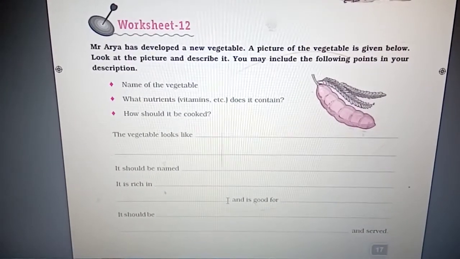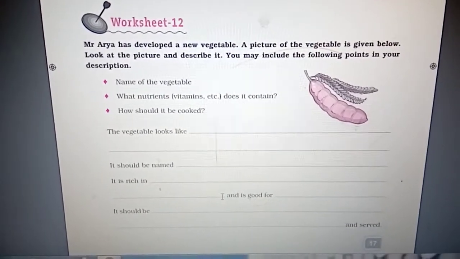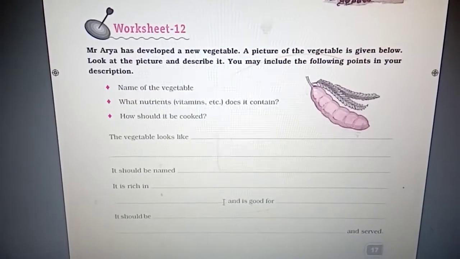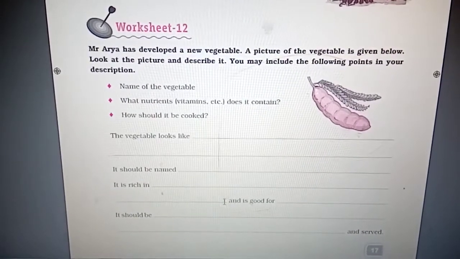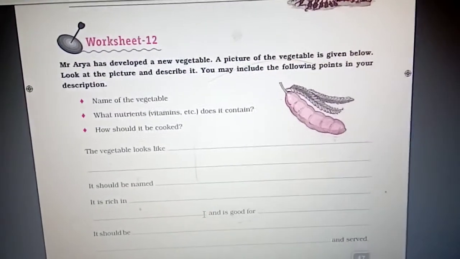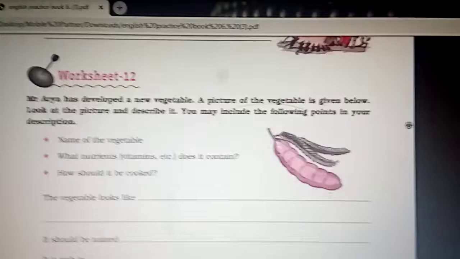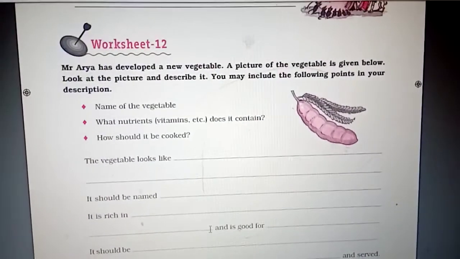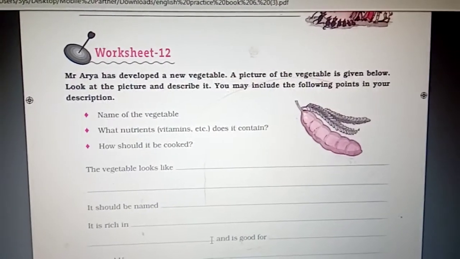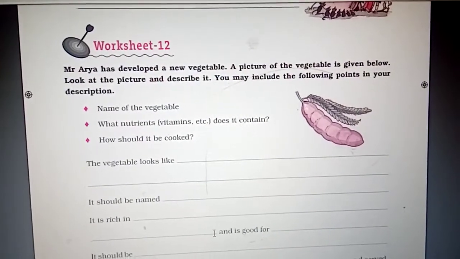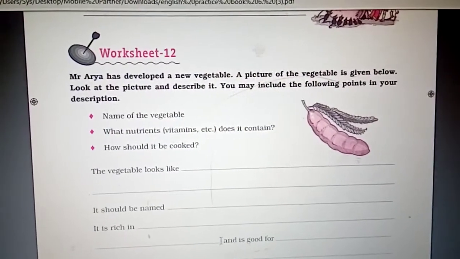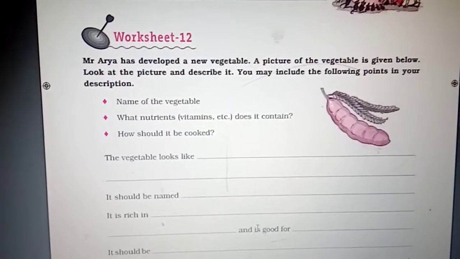So altogether, we have learned the parts of speech and their kinds. That is why this chapter has been named Putting It Together. Putting all these topics together, we have studied their use and definitions.